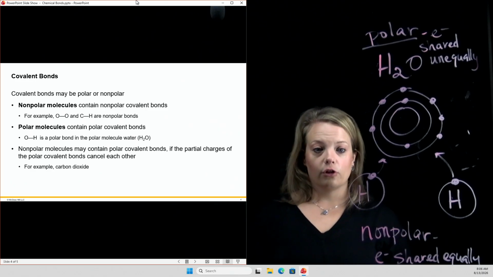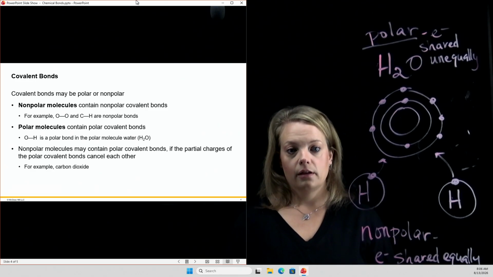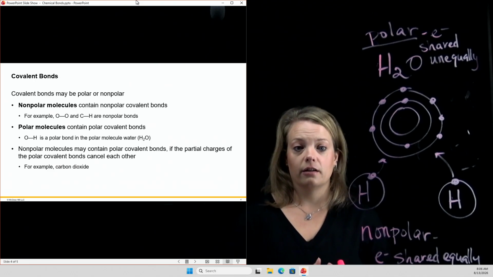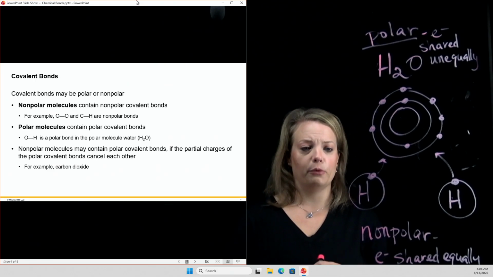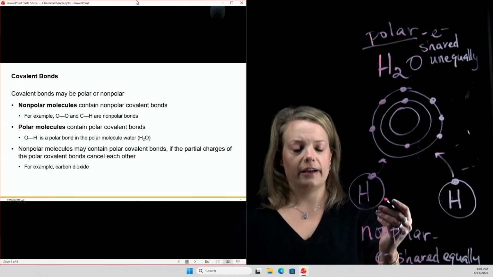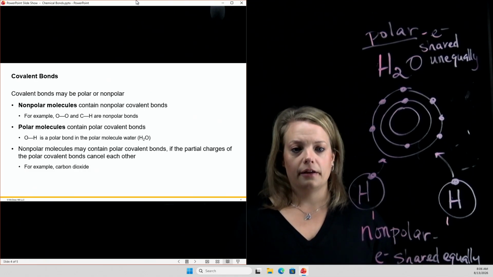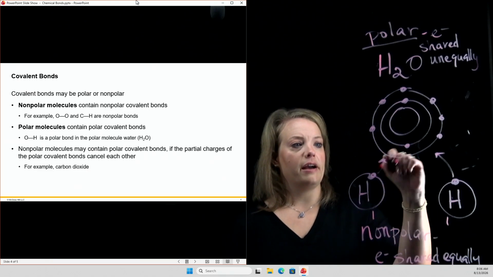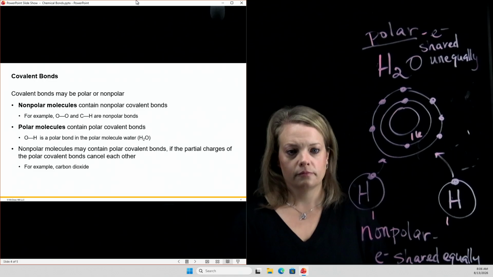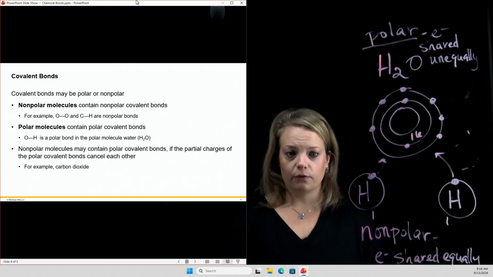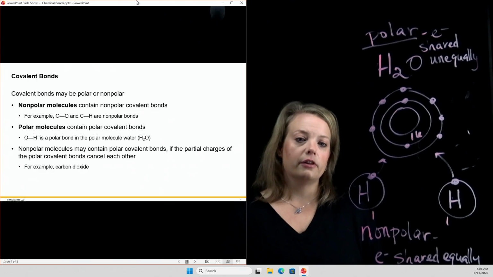And how electrons are shared depends on the atomic weight, so the mass of the atoms. So if we look back at the periodic table, hydrogen has a mass of about 1, and oxygen has a mass of about 16. So that's a pretty big difference in mass. And again, you can think of atoms like little planets.